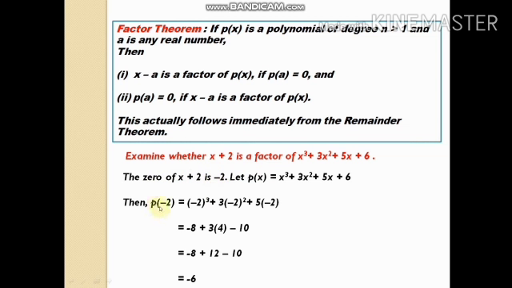When we substitute -2 in place of x, we will get -6. So what we can say? We can say that x + 2 is not a factor of the given polynomial. If your remainder is 0, in that case, that particular polynomial is a factor of the given polynomial.